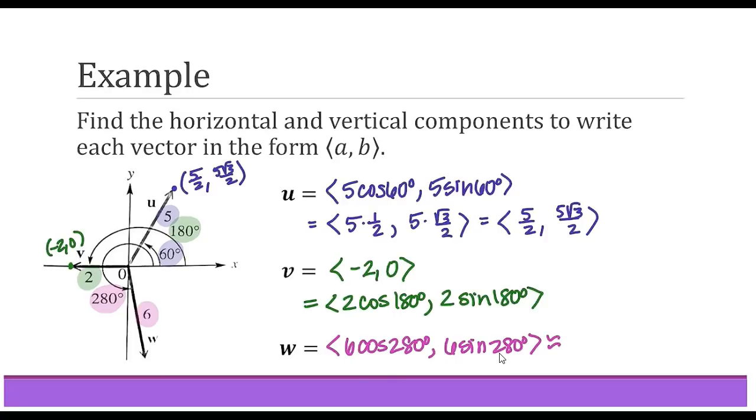So it would be approximately 1.04 and -5.91. And our answer should make sense in the context of the problem, and we can see the vector is down here in quadrant 4, so we would be going over about 1 and down about 6. So we can see it matches the values we obtained.